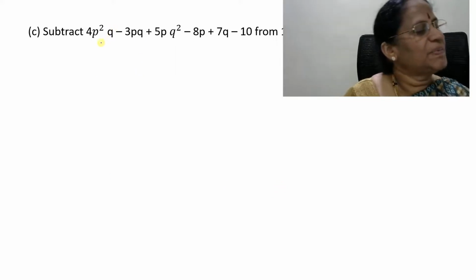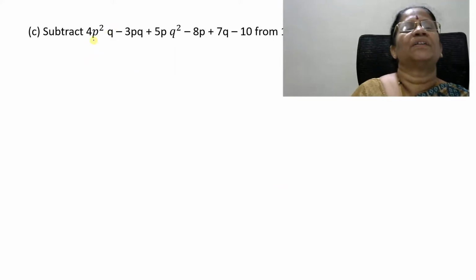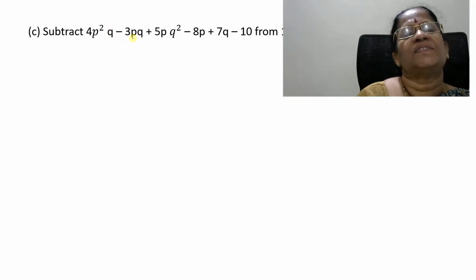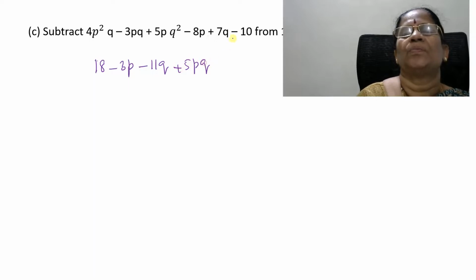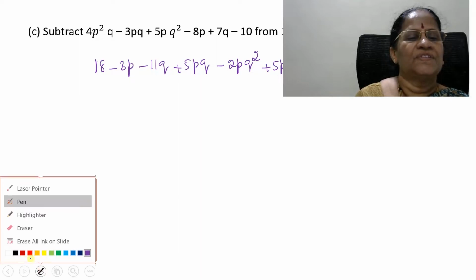Next, subtract 4p square q minus 3pq plus 5p square plus 5pq square plus 4 minus 8p plus 7q minus 10 from 18 minus 3p minus 11q plus 5pq minus 2pq square plus 5p square q. So you write this number first. So this is minuend part.